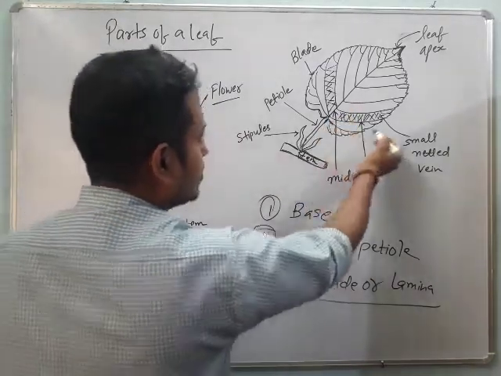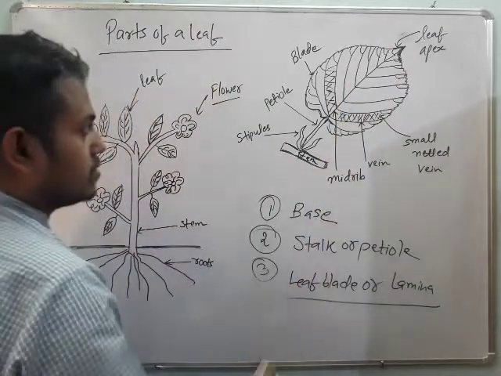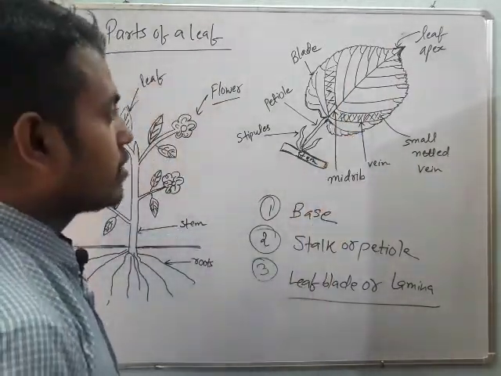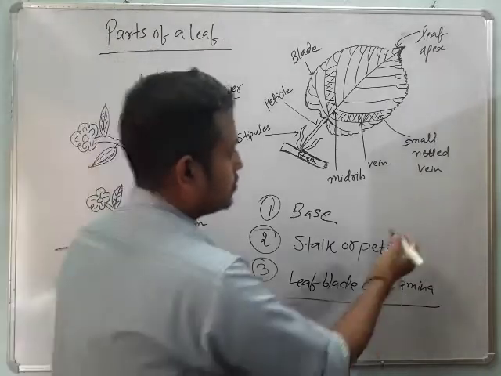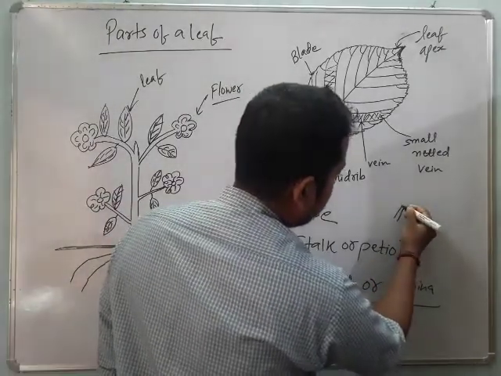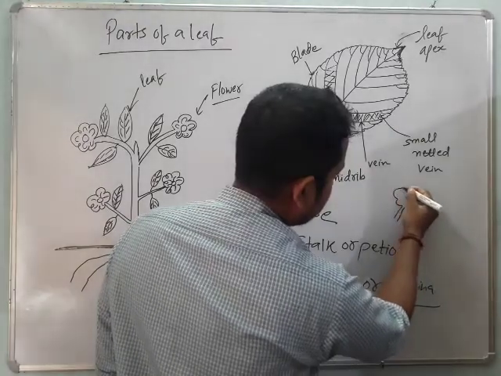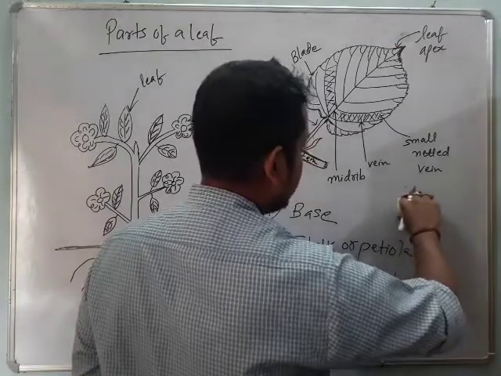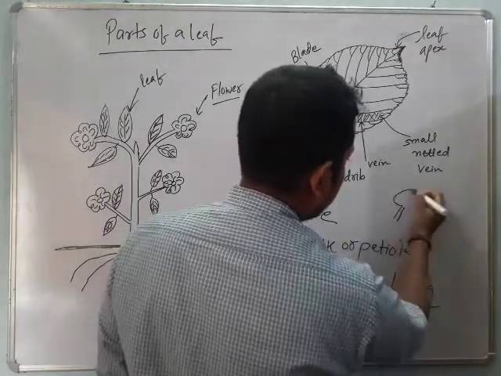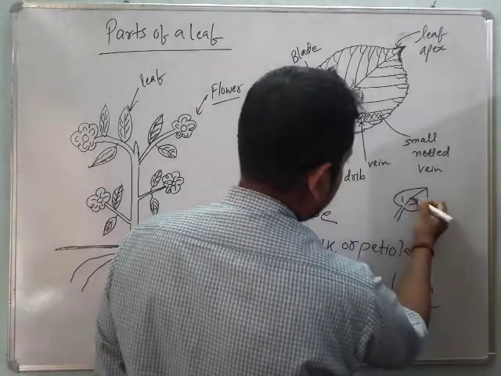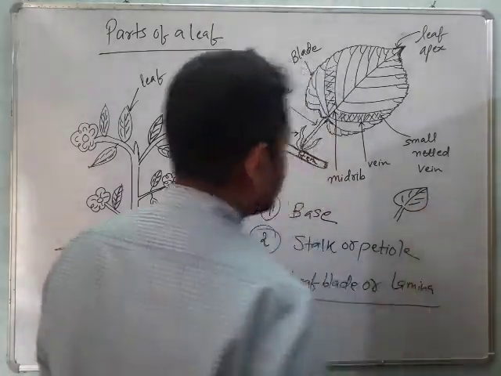Leaf blade means this whole structure, understood? Again you see here, this is a petiole or stalk, this is connected to the leaf blade, understood?